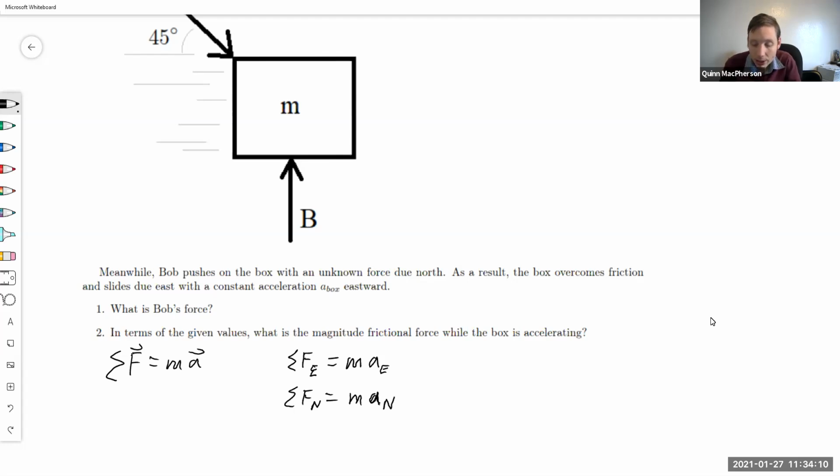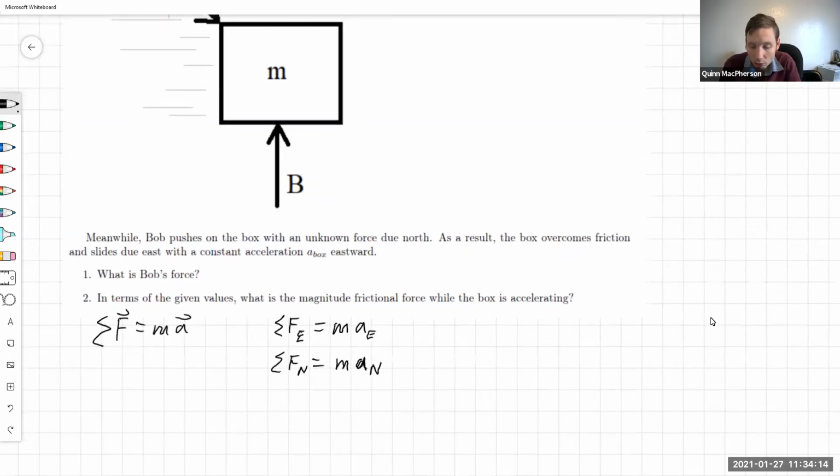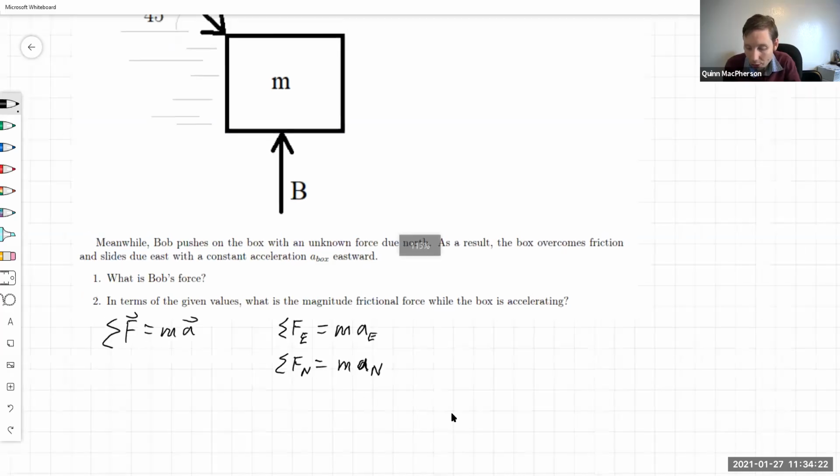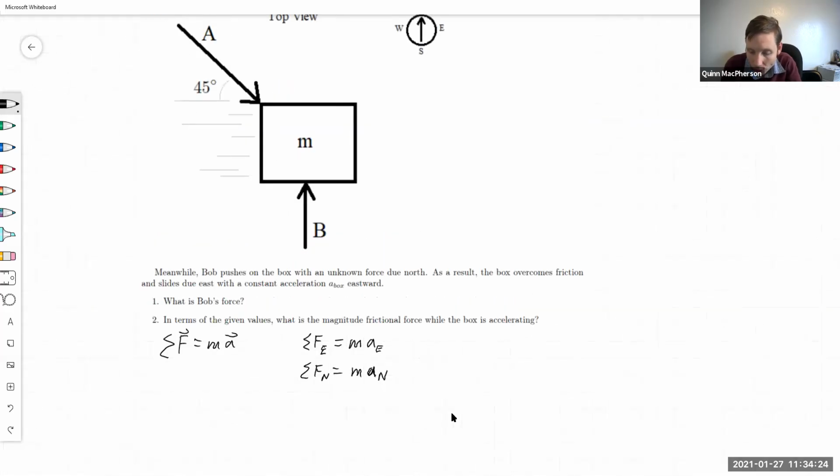Okay, so let's see here. Where should we start? We're trying to find Bob's force. Bob's force is in the north direction, so we're probably going to need to use this second equation. So what are all the forces in the north direction? We can break Alice's into two components, a component like that and a component like that.